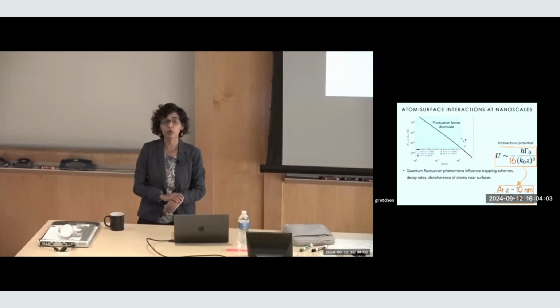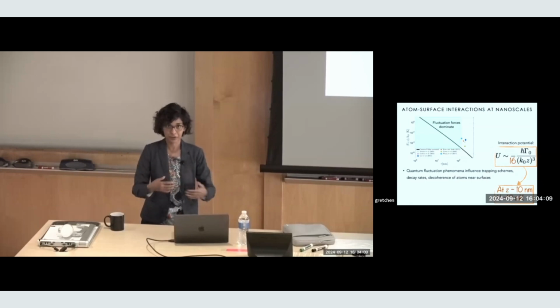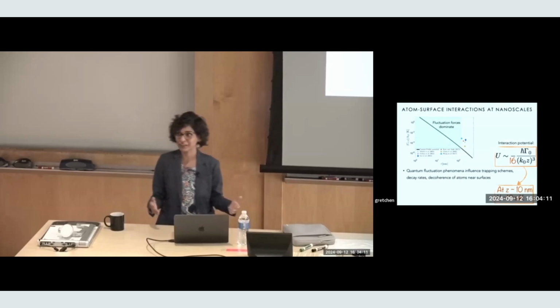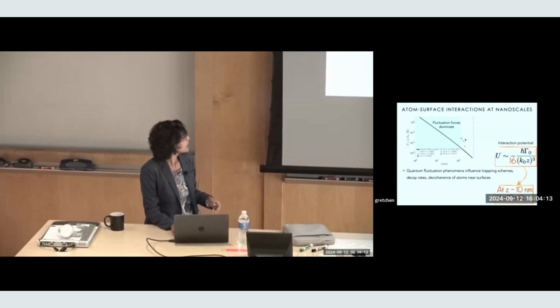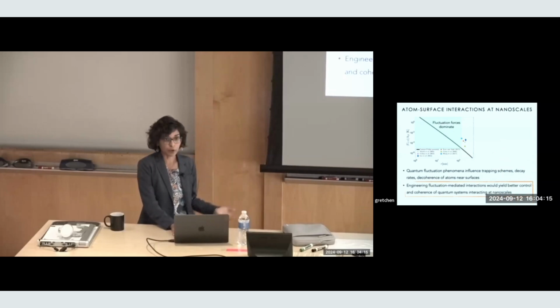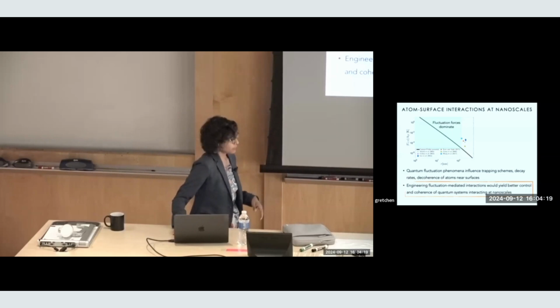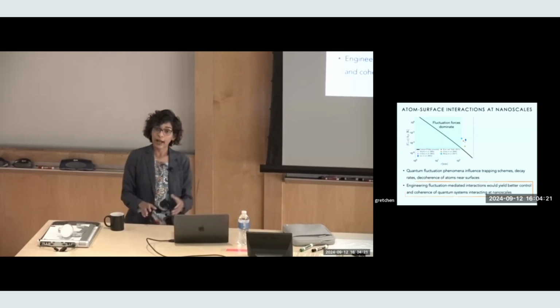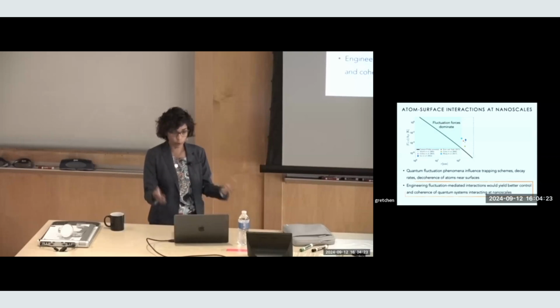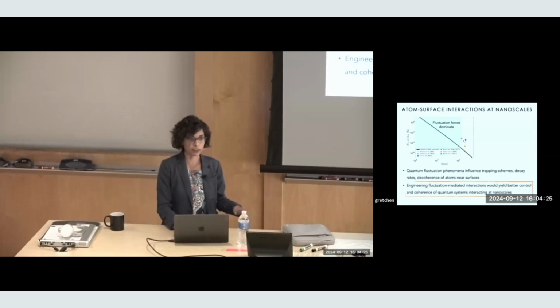So if you want to go closer than 100 nanometers, you have to do something about these quantum fluctuation forces, okay? And that is why we would like to be able to engineer these forces and keep our quantum systems trapped at distances below 100 nanometers or so, keep them coherent, and so on.